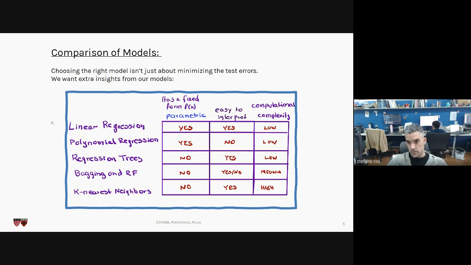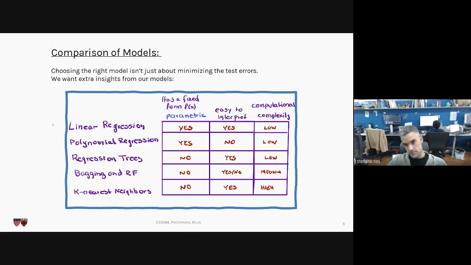Then, are they easy to interpret? Linear regression, we say yes, right? Because for linear regression, basically each parameter will have an interpretation in terms of the importance of the feature.